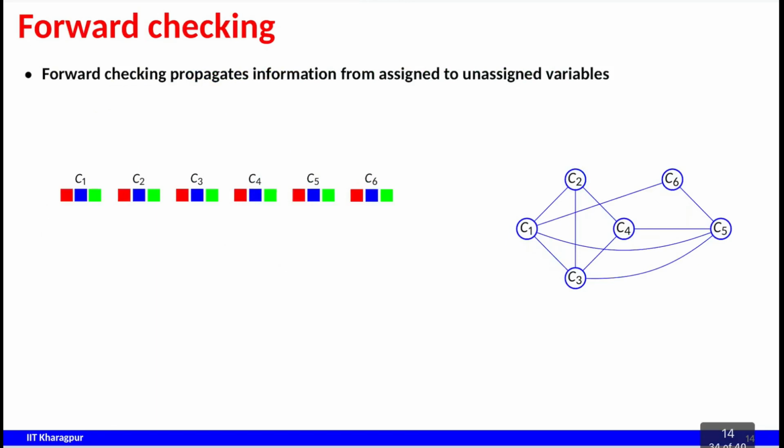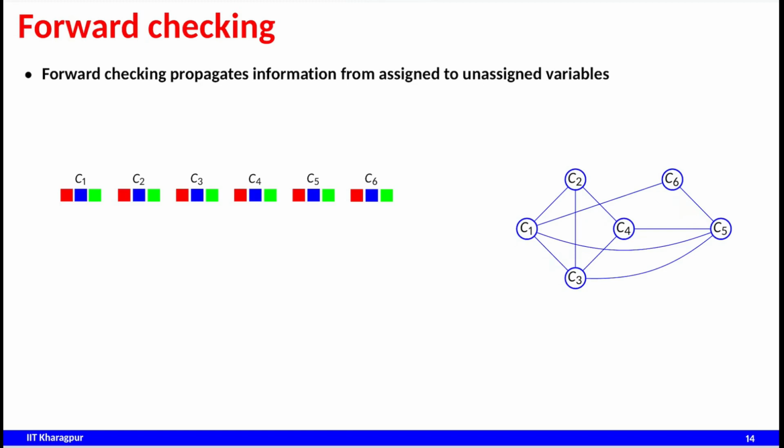And when we do this kind of strategy, we do some kind of forward checking. Forward checking can help in pruning the search space. So when I select one value, I try to see how the situation is and how I can proceed further.